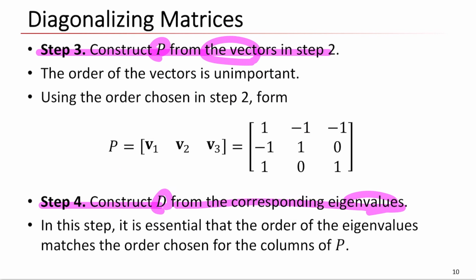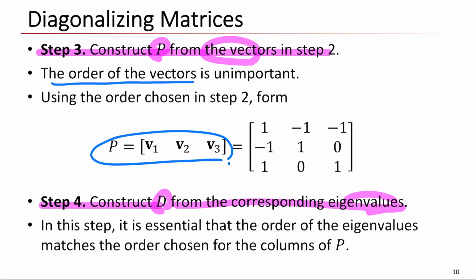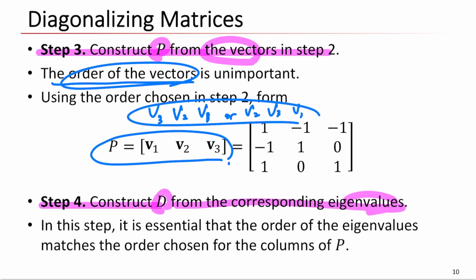Okay, so now we have the eigenvalues and eigenvectors. Then by using these eigenvectors, we can build the matrix P like this. But actually, we can use any order of the vectors, right? Let me say we can make the matrix P as v3, v1, v2, or v2, v3, v1, right?